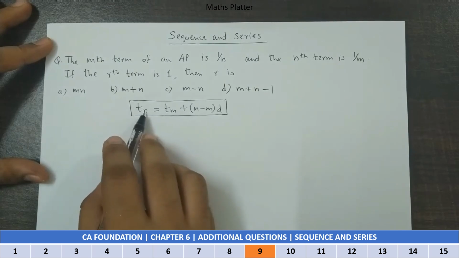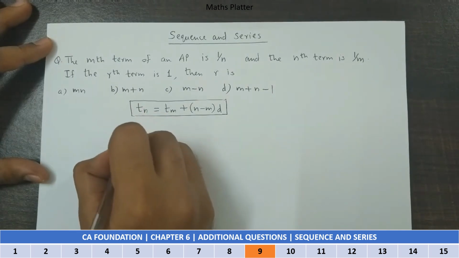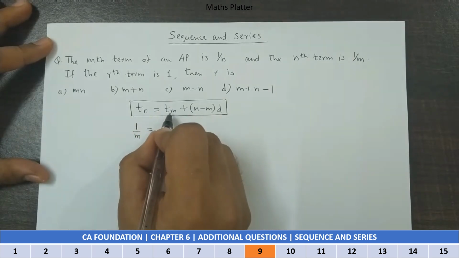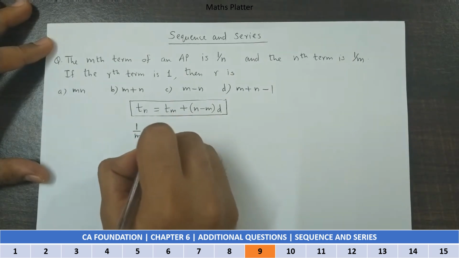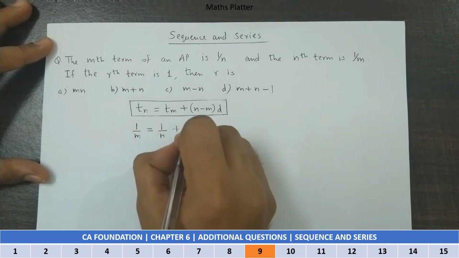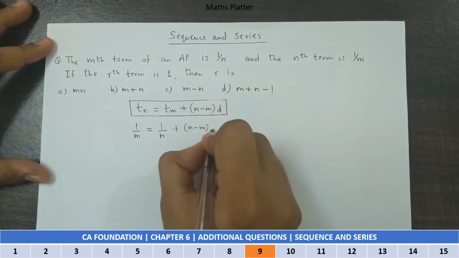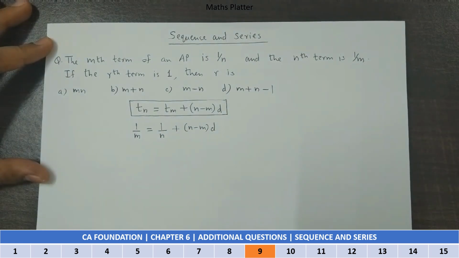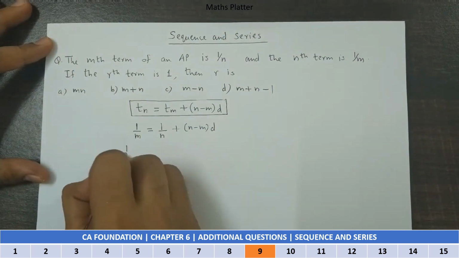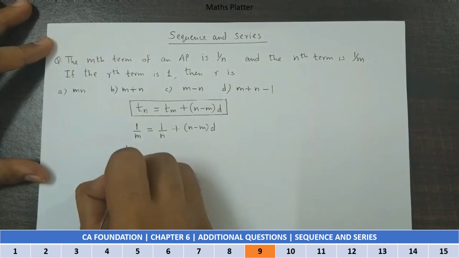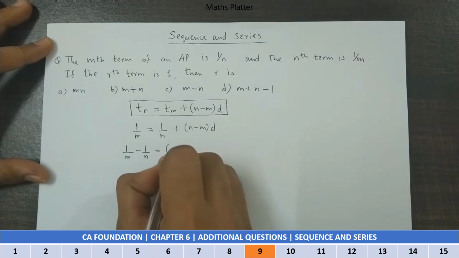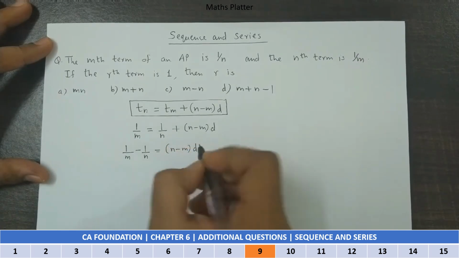Now Tn, that is the nth term, is given as 1 by m, and Tm, that is the mth term, is 1 by n. So we write 1 by m is equal to 1 by n plus n minus m into d. Now we simplify this equation, taking 1 by n on the left hand side. So we have 1 upon m minus 1 upon n is equal to n minus m into d.